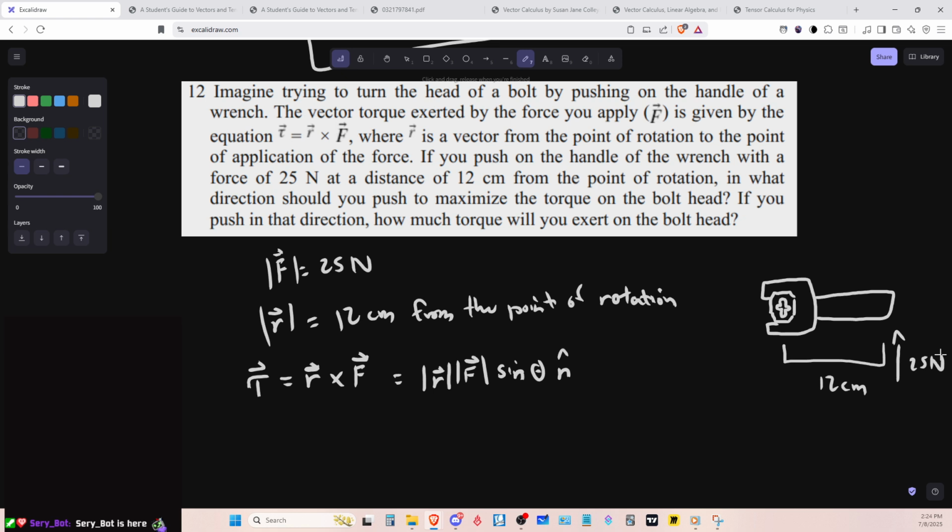If you push it to the left, then basically your thumb will go up. Because the right hand rule is that you take your hand and curl your fingers in the direction you want. So if your fingers curl towards the left, your thumb sticks up. But if you curl your hand to the right, then your thumb will be down.